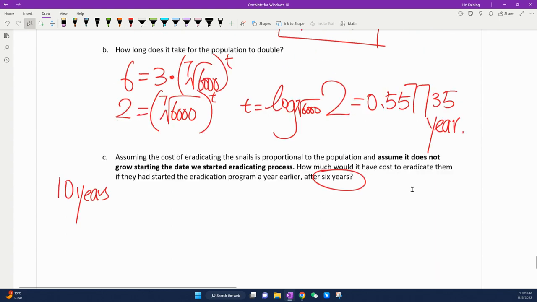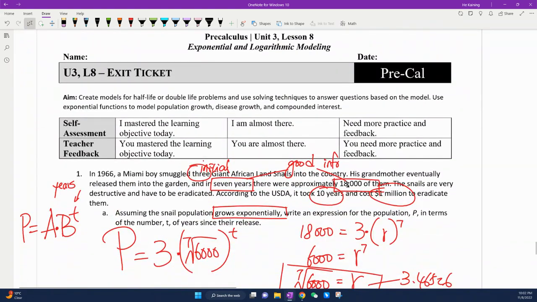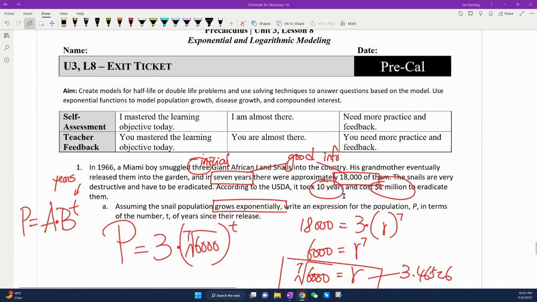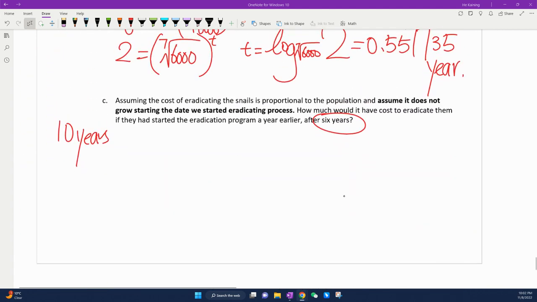And right here, 10 years, let's take a look at this. So if we have 18,000 of them to be eliminated within 10 years, that means, let's write a ratio first. 10 years, 1 million, and then 18,000 snails.